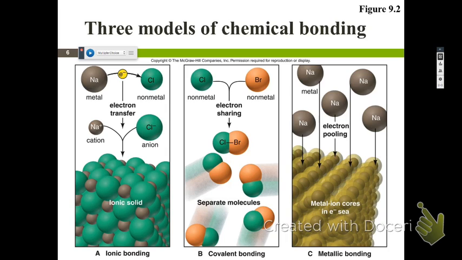Does it always matter with metal, non-metal? Yeah, there's a big trend that if you have metals and nonmetals, you'll typically see ionic bonding. And that relates to electronegativity, one of the trends we didn't really spend any time on. The basic idea is that the top right corner, fluorine, is the most electronegative atom.